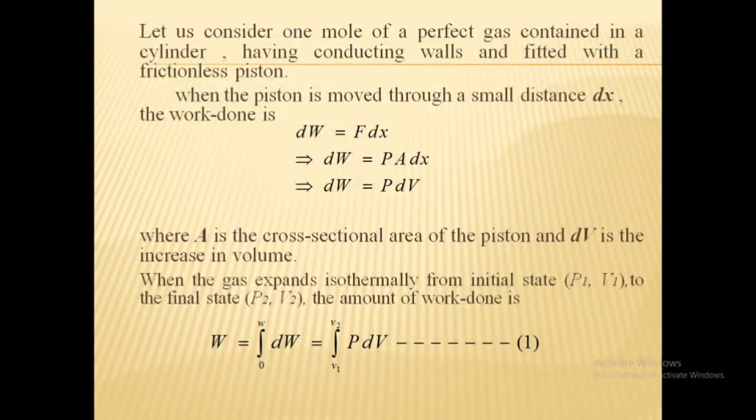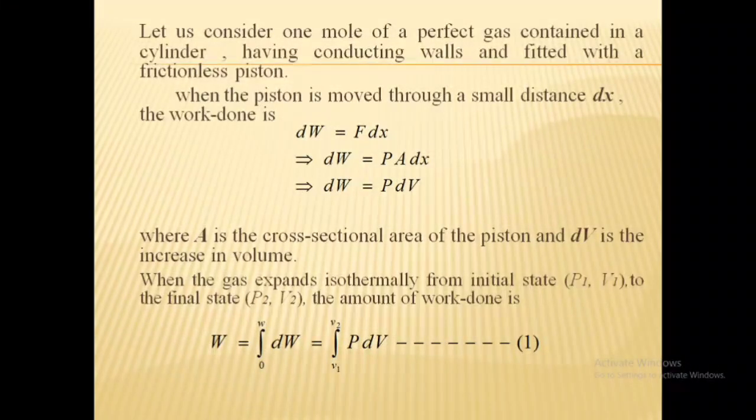Therefore, in the next line, dw equal to P into A into dx. How can we write P into A into dx? Because we know pressure equals force by area, so force equals pressure into area. Thus, in the second line, we have written dw equal to P A dx.